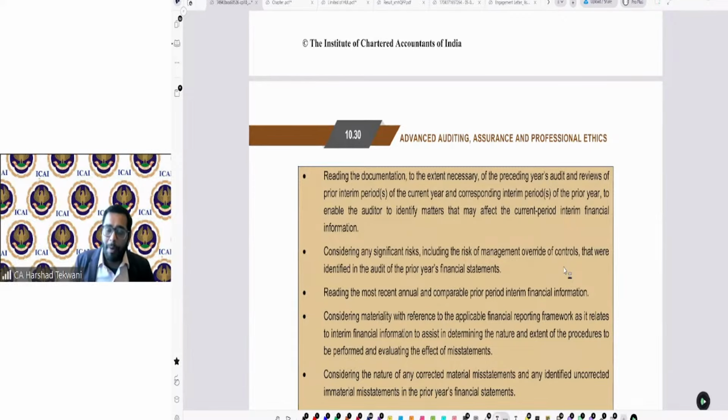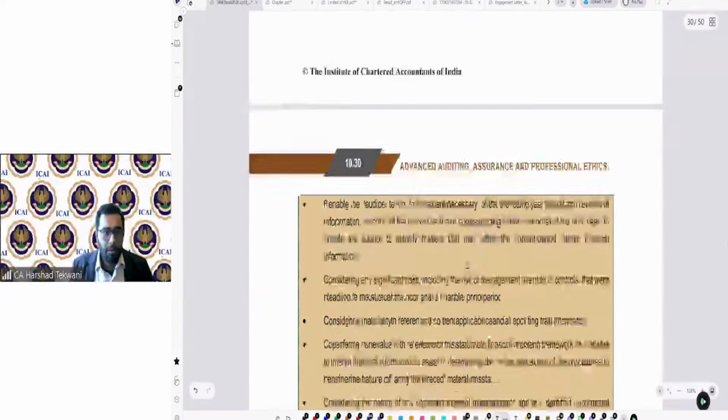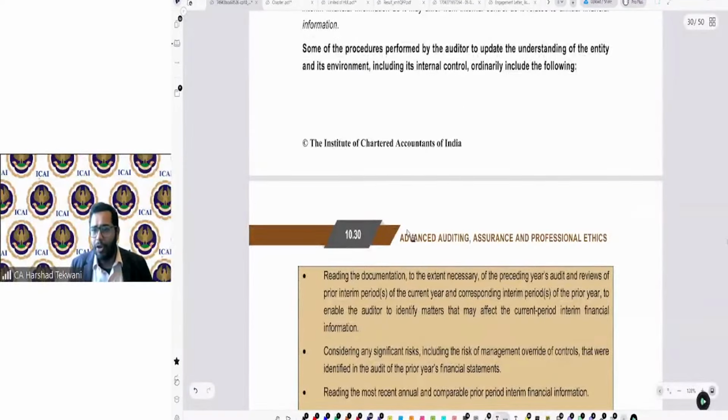So we may perform inquiry for the limited review and also inquiry for the audit. It may happen that we perform a dual purpose inquiry at the time of the limited review itself. It can happen, and it is usually the scenario.